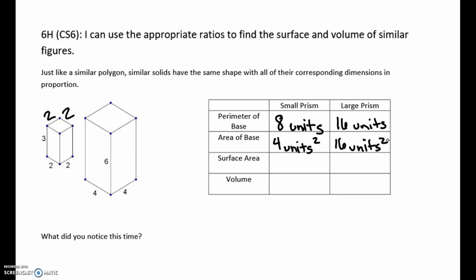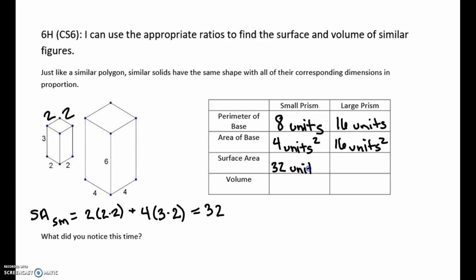Now let's take a look at surface area, okay? So my surface area of my small prism, well, I've got two 2 by 2 rectangles and 4 3 by 2 rectangles, which means we have a total area of 32. So the surface area of my small prism is 32 units squared. Now let's look at the larger prism.